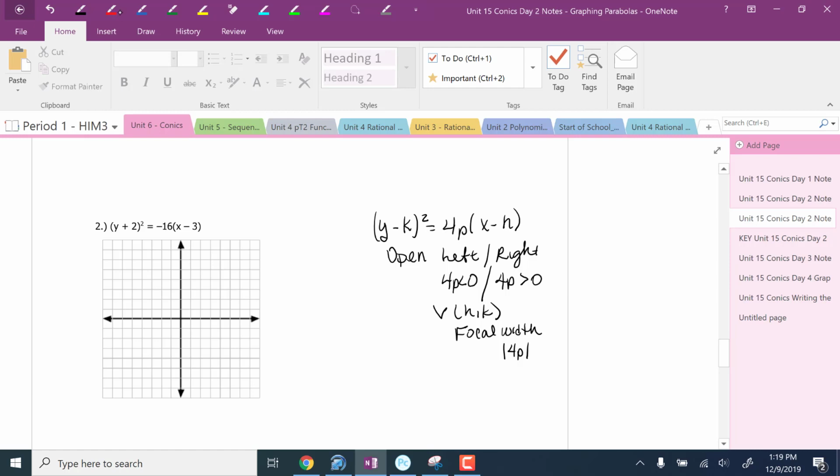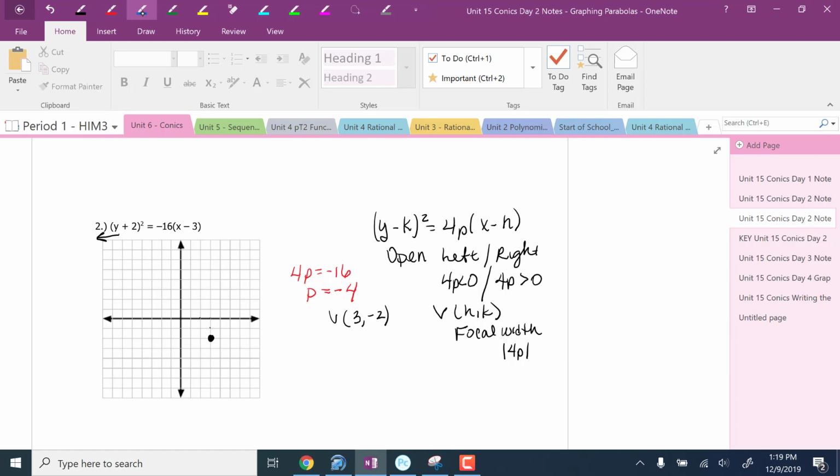So we'll work on this problem specifically. I have 4p equals negative 16. P is negative 4. My vertex is at 3, negative 2, and I'm opening to the left. So I'm going to give myself a little directional arrow there. So 1, 2, 3, negative 2. Here's my vertex.